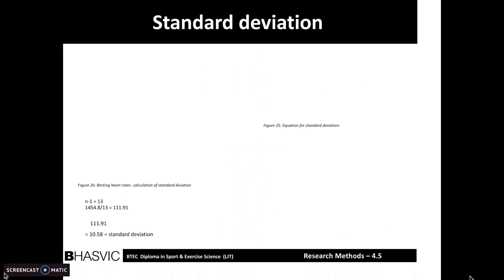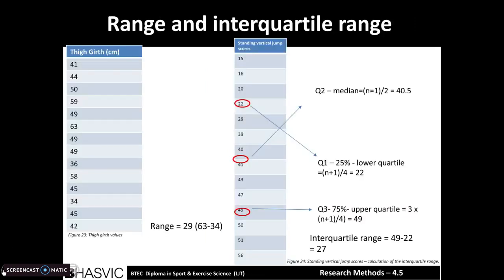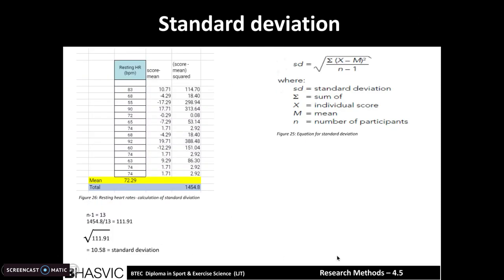Next, for each original score, you need to subtract the mean. It doesn't matter if you get negative values because we will cancel them out in the next step. So you subtract the mean from each individual score. With that value, you need to square it.